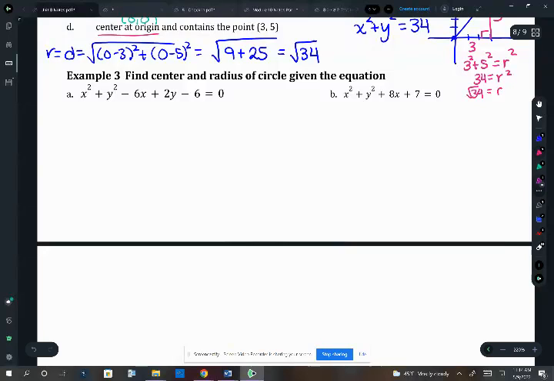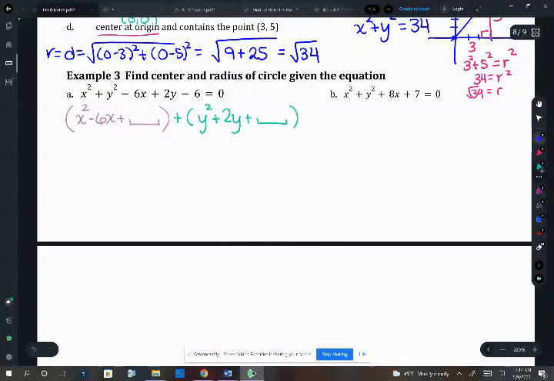First off, we want to get the x's together and the y's together. So we've got x squared minus 6x, and then I'm going to leave a space because I'm going to complete the square, so I need to figure out what's going to go there. This is my x part. And then we're going to have our y part, which is y squared plus 2y, and then we're going to figure out what's going to go there.